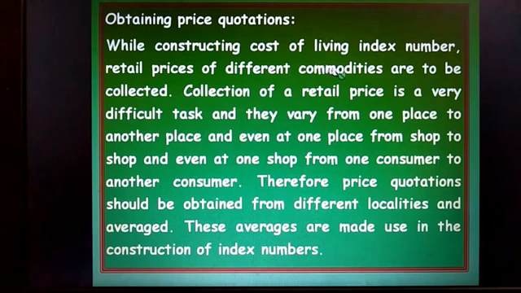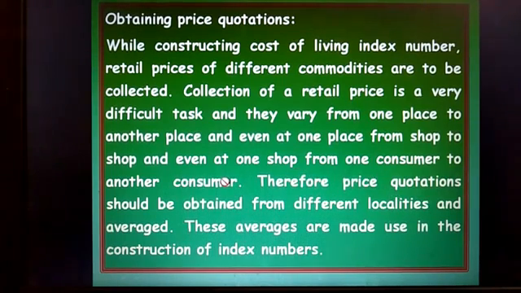While constructing the cost of living index number, retail prices of different commodities are to be collected. That means we will consider retail prices in order to collect the price quotations, not wholesale prices. Collection of retail price is a very difficult task, and prices vary from one place to another, even at one place from shop to shop, and even at one shop from customer to customer.